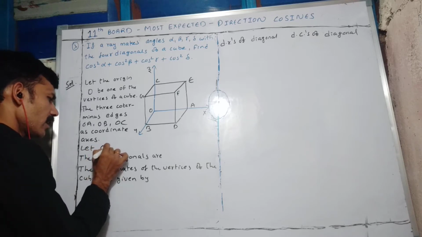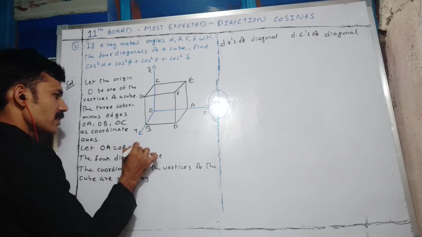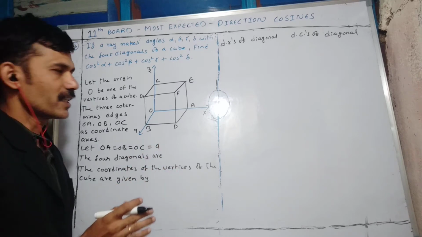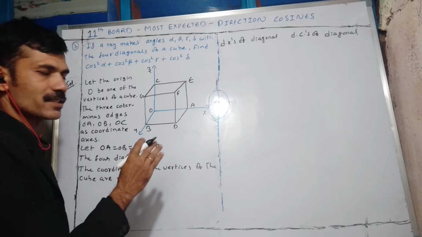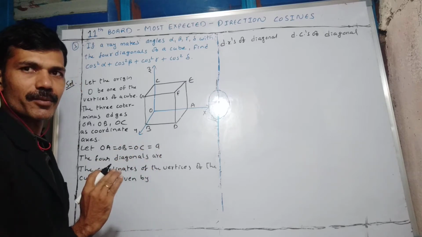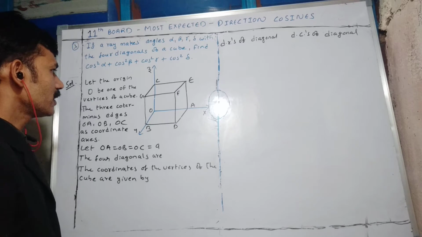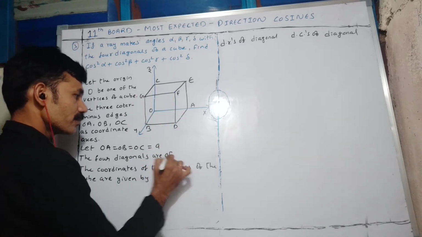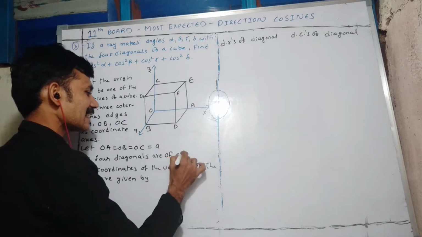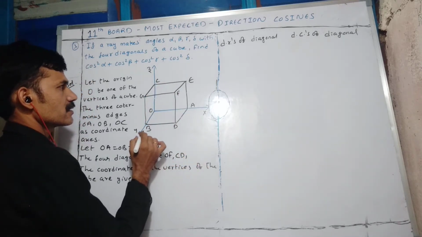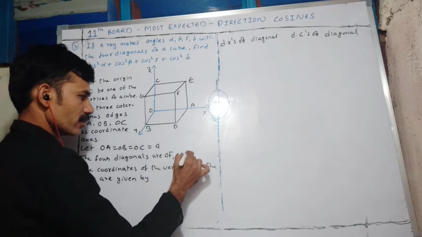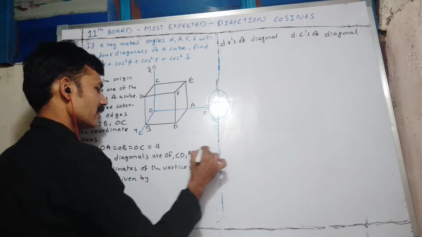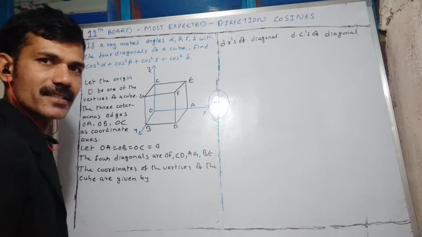Let OA, OB, OC equal a. The lengths of all the edges will be equal, so all side lengths are equal to some a. Now, what are the four diagonals? OF is one diagonal of the cube and CD is another diagonal. Next, AG is one more, and finally BE. These are the four diagonals.